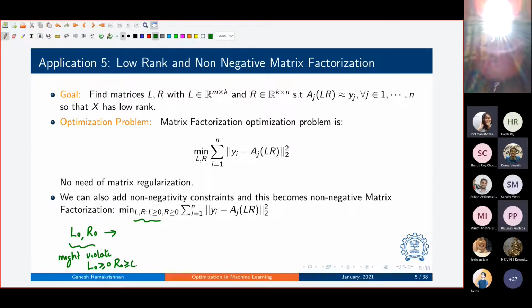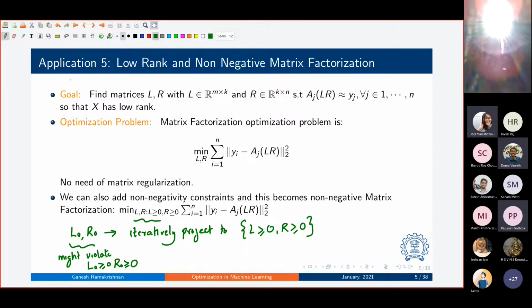So what we try to do is, through a projection, bring them down. But you don't want to bring them down by arbitrary thresholding, right? So there are multiple ways you can do it. The idea is to iteratively project. Project to what space? To the space of L greater than equal to 0, R greater than equal to 0.